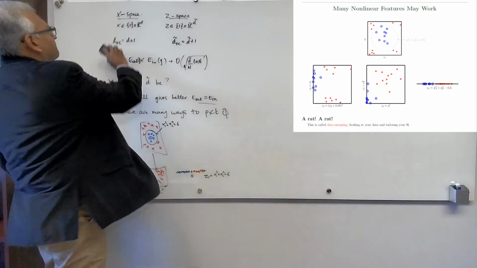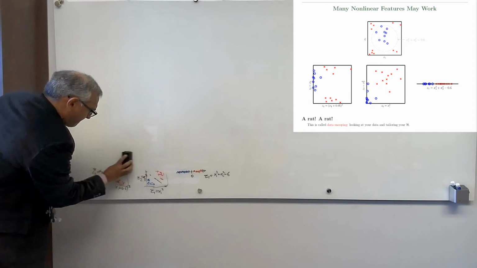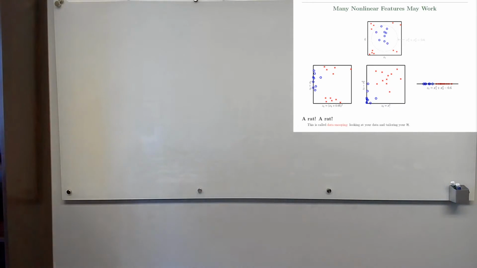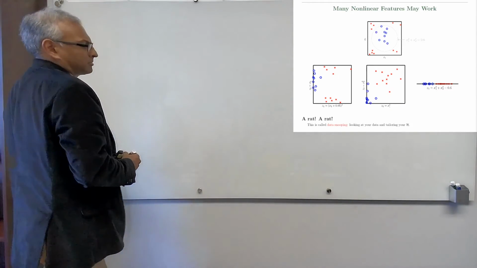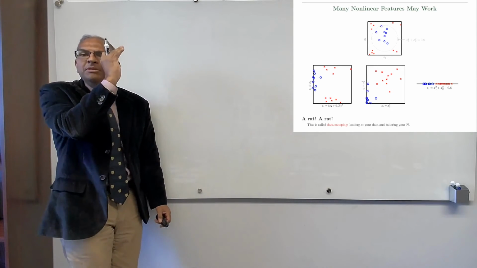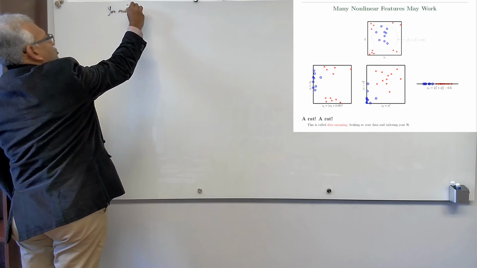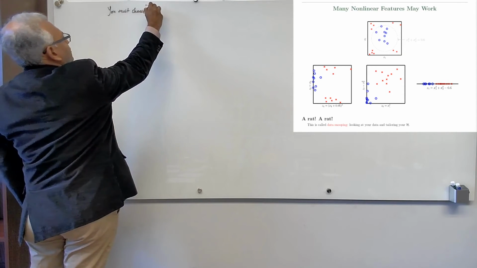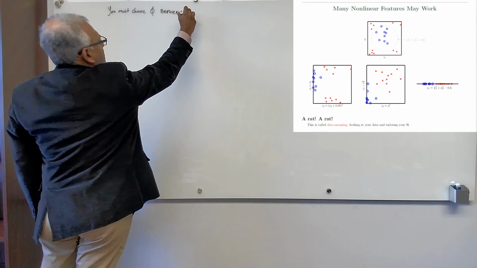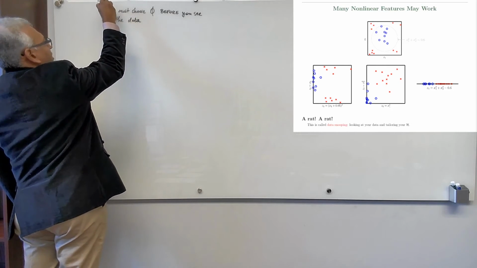So, using the feature transform: choosing the nonlinear feature transform, you must choose the nonlinear feature transform phi before you see the data. That's very important.